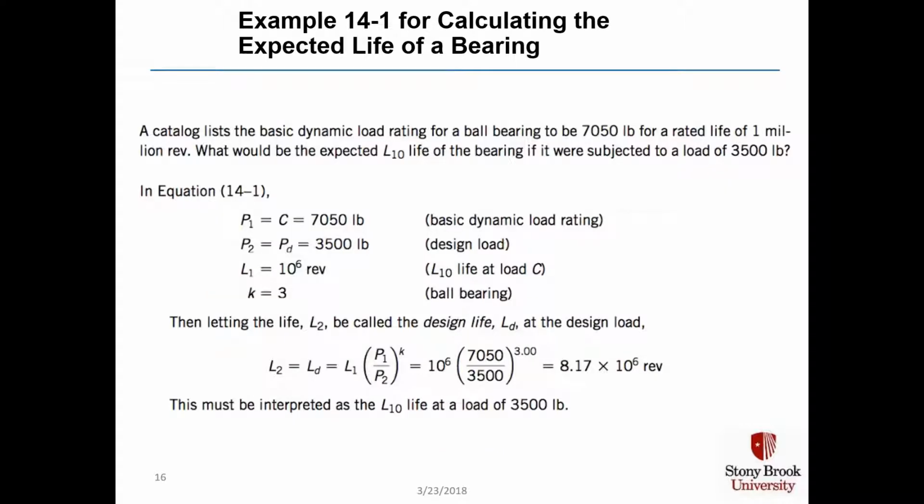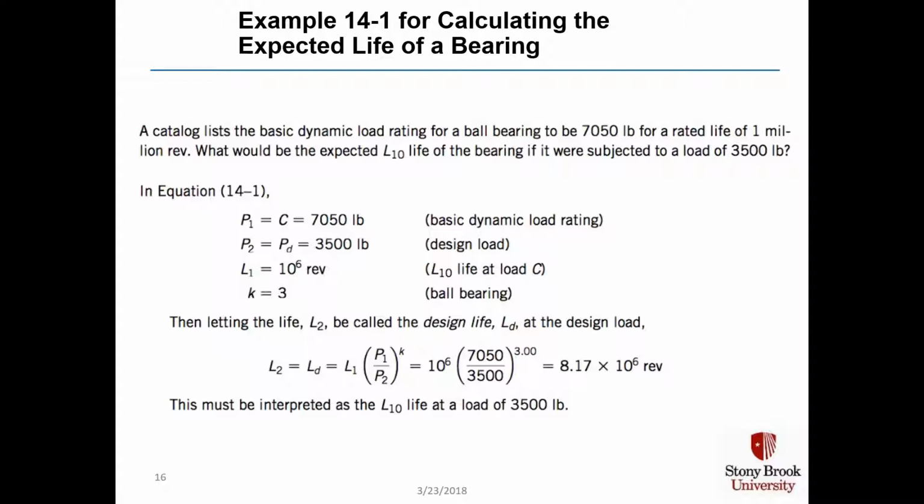So here's a little sample calculation, Example 4-10 in the book, for calculating the expected life of a bearing. P1 is 7,050 pounds. That's what's called the basic dynamic load rating, also given the symbol C. And the design load is 3,500 pounds, L1 being 1,000,000 revolutions, K is 3 because this is a ball bearing.